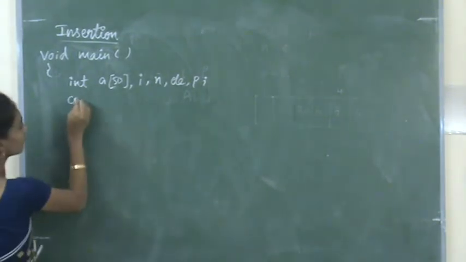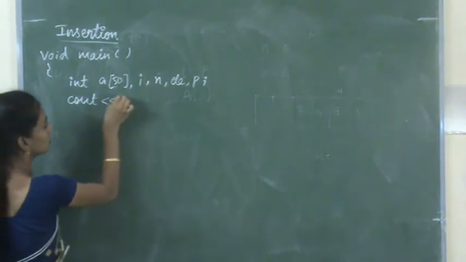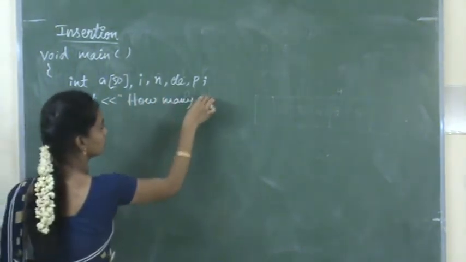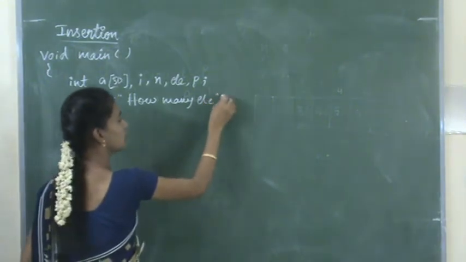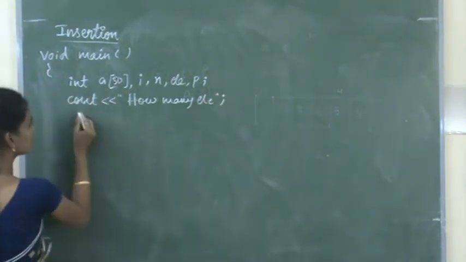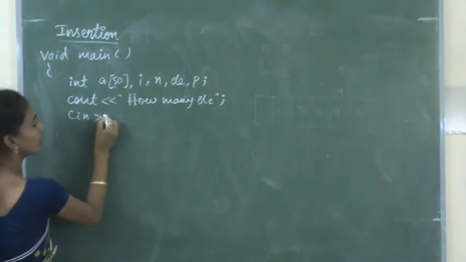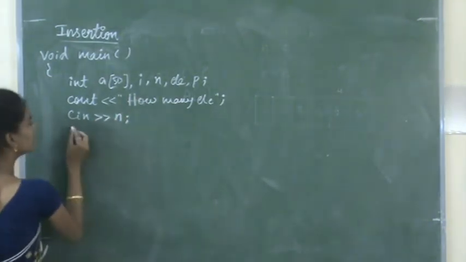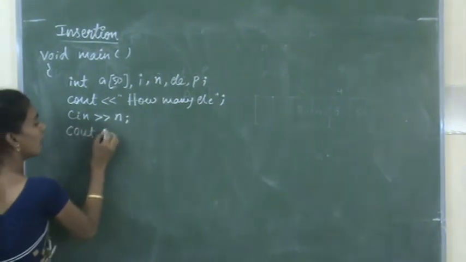So then how many elements we have to insert in an array? So for that we are taking N, right? So after this we need to insert the array elements.